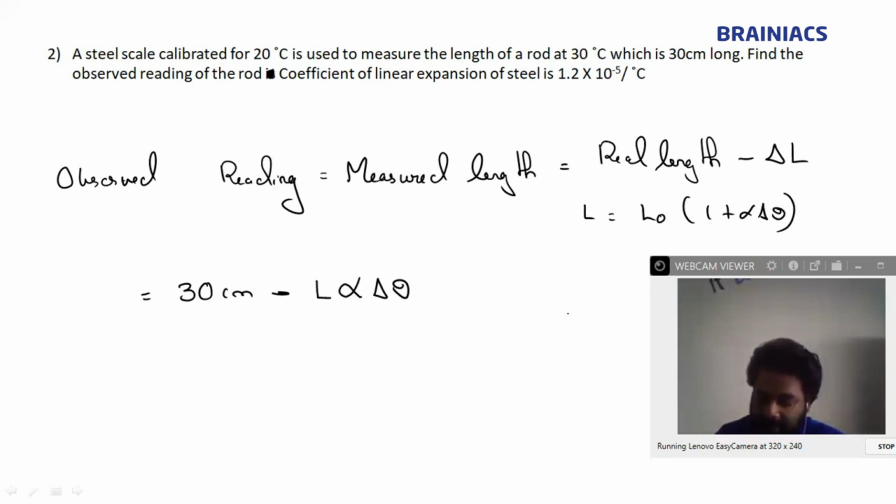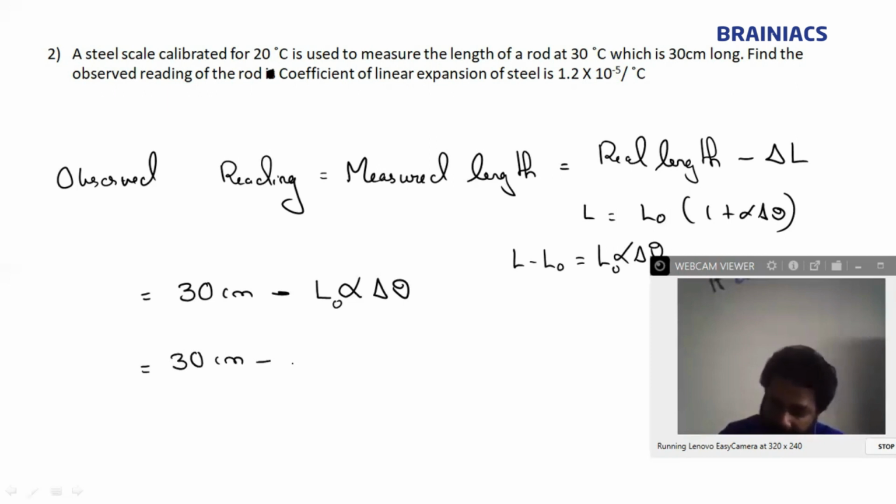So from this, the change in length, that is L minus L naught, is going to be L naught alpha delta theta. So what is L naught alpha delta theta? So this is 30 centimeter minus the change in length.